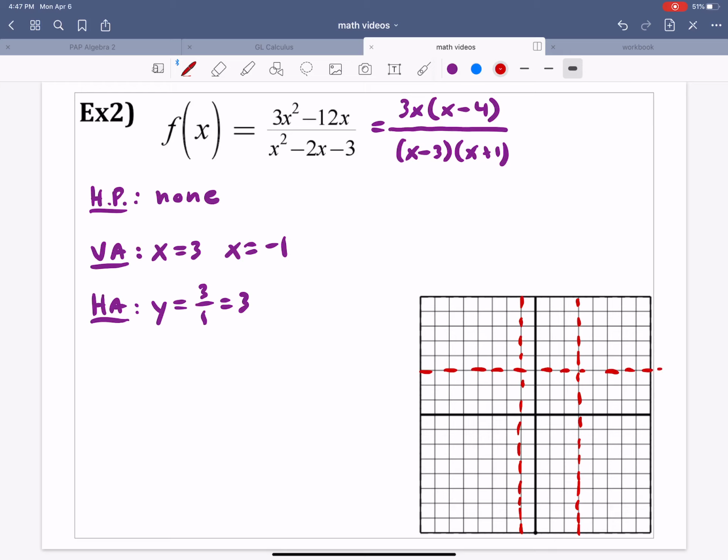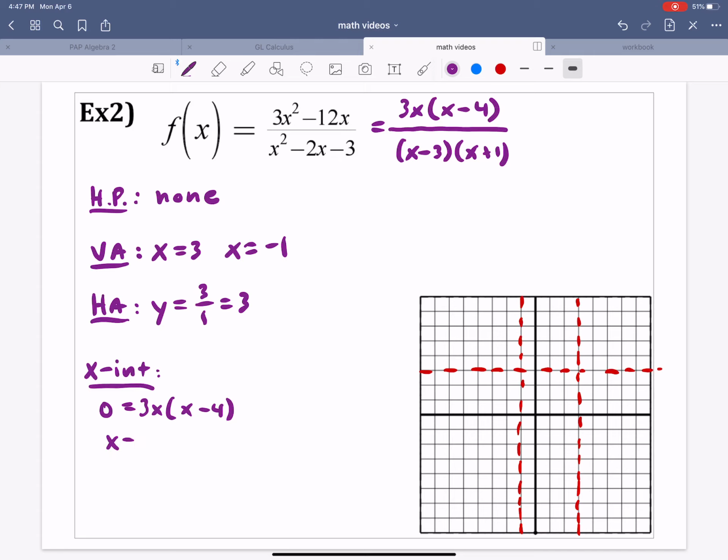Okay. Now, the next thing that I would do here is find my x and my y intercepts to get an idea of what's happening here. Okay, x-intercepts. To find those, you set the numerator equal to 0. So that would be 0 equals 3x times x minus 4.